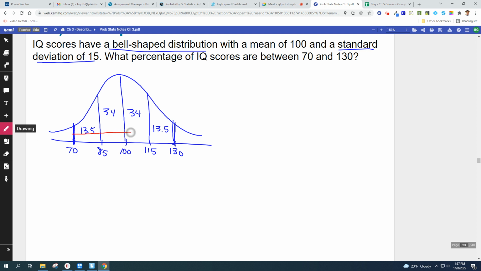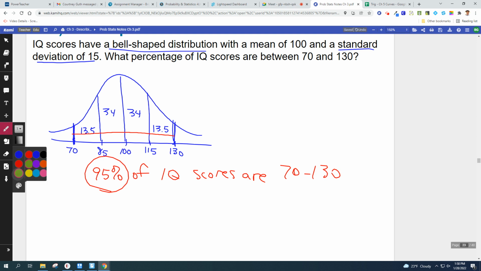Well, you just add up those 4 numbers, right? 13.5 plus 13.5 plus 34 plus 34 is what? 95. That's 95% of IQ scores between 70 and 130. The answer is 95%.